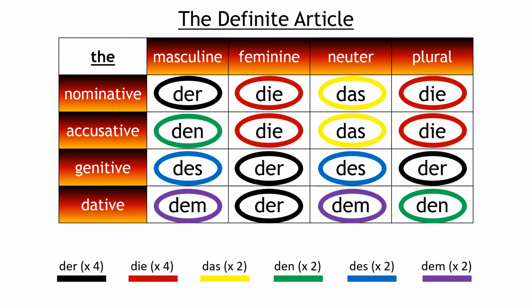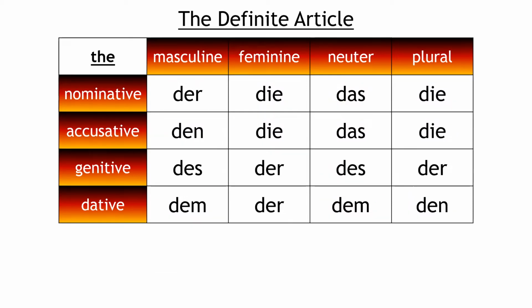Now I'm going to remove the highlighting from the table, and I will indicate which parts of the table will be relevant for this lesson. We'll be using der, die and das.